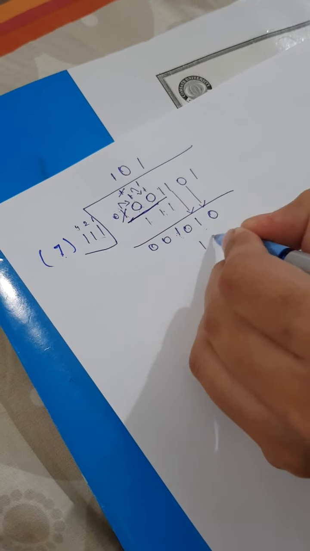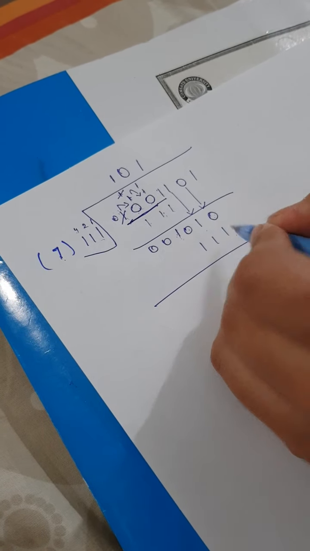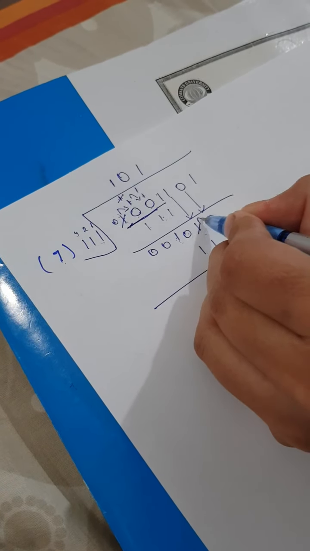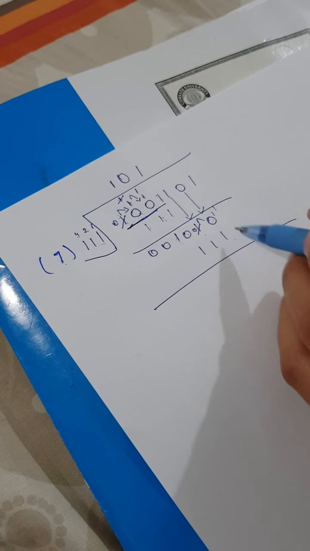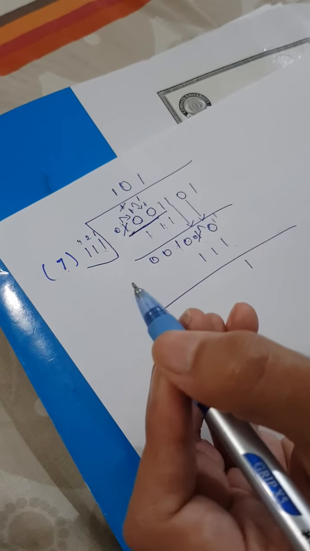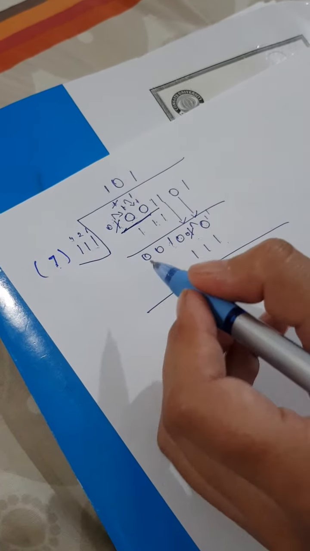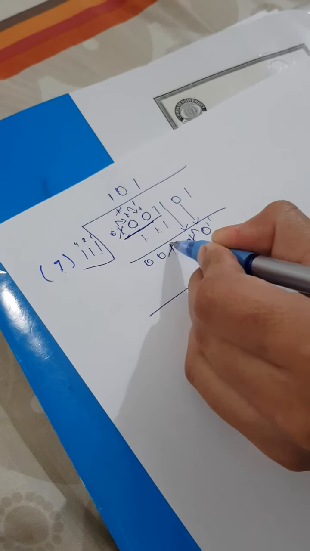1, so 111. Now we need to subtract it. 0 minus 1 is not possible, so we will take a borrow and it will turn into 0. 1 1. 2 minus 1 is 1. Now it's 0. 0 minus 1 is not possible, so again we need a borrow. Borrow यहाँ से लेंगे. This value will come here.